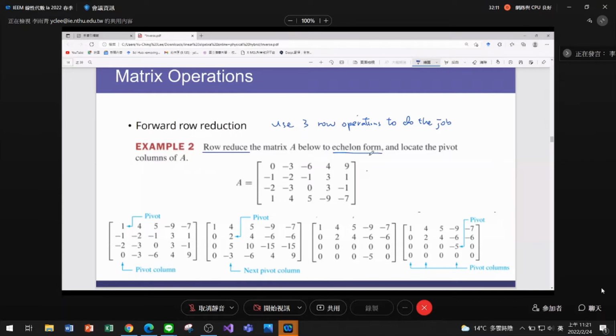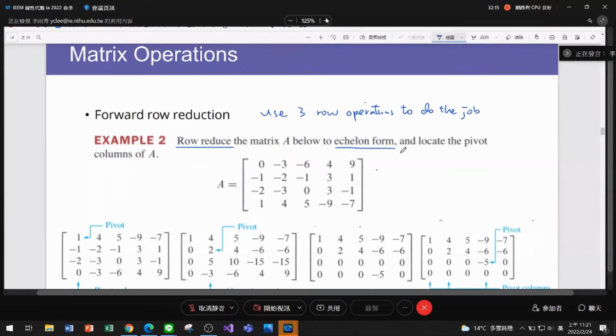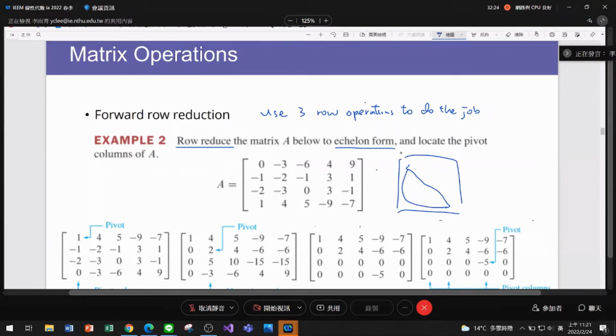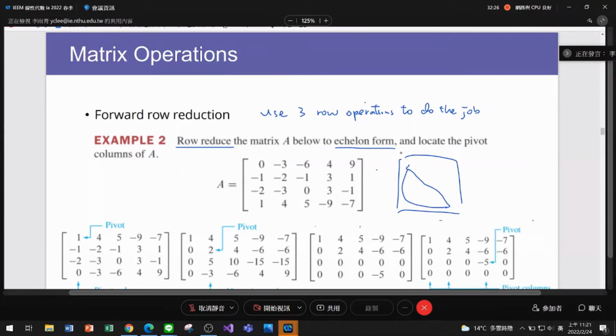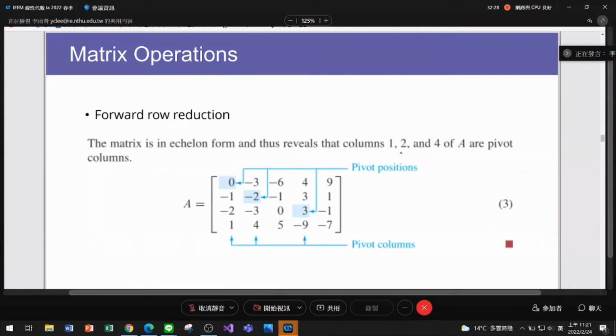Later, we're going to introduce what an echelon form is. Basically, it means that we have zeros on the bottom left. So, what is an echelon form?